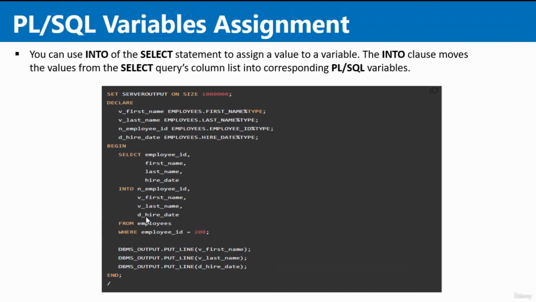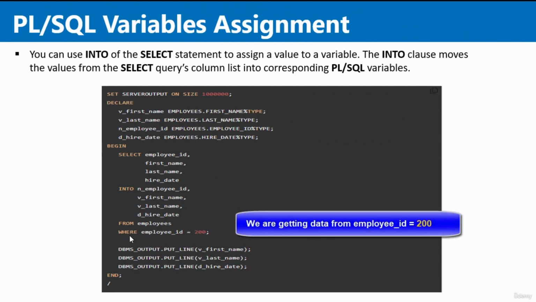So we have the n_employee_ID, the v_first_name, v_last_name, and d_hire_date. And the table we are targeting is the employees table. And from the employees table, we are targeting a specific employee with the employee ID.